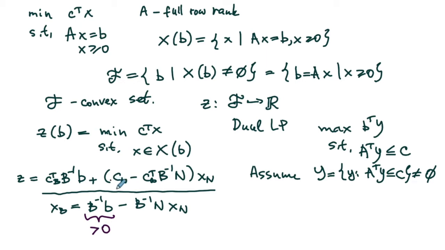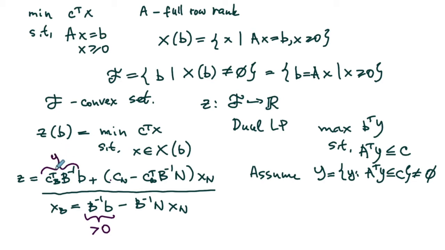Also, when we change b small, this part here is not affected, meaning that the optimality condition is still satisfied, right? So a slight variation in b preserves optimality and feasibility, and also the expression in the objective here, c_B transposed B inverse, actually gives us the optimal value for the dual variable.